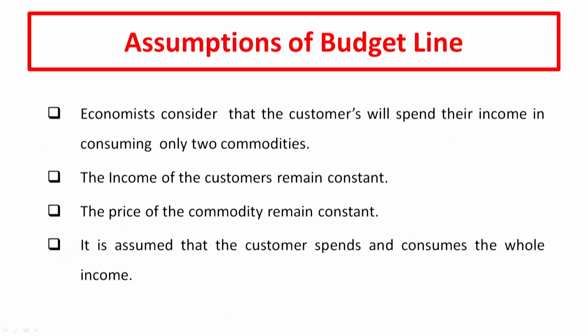Assumption of price line or budget line. The very first assumption is that economists considered that the consumer will spend their income in consuming only two commodities.